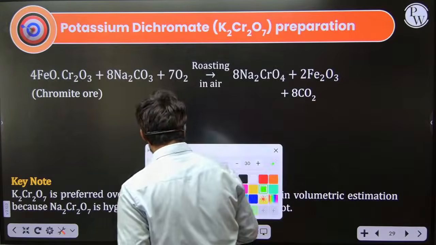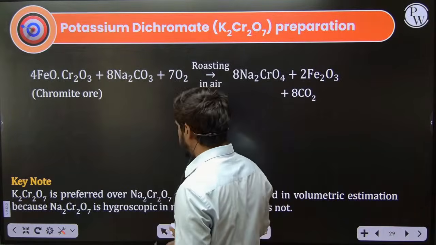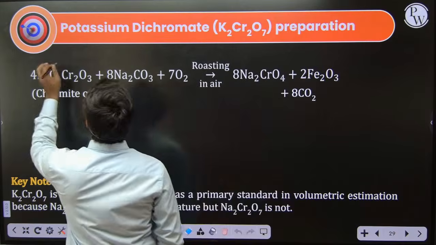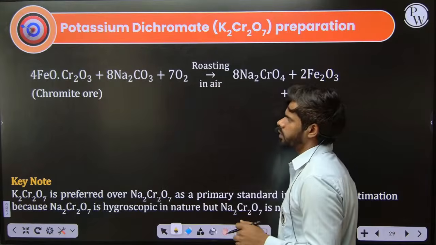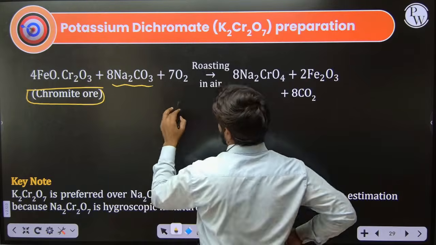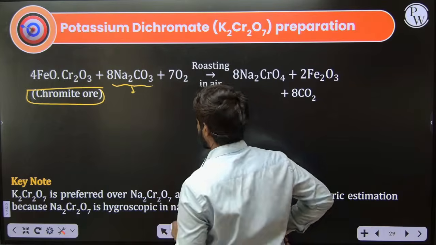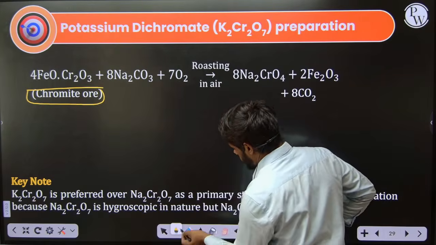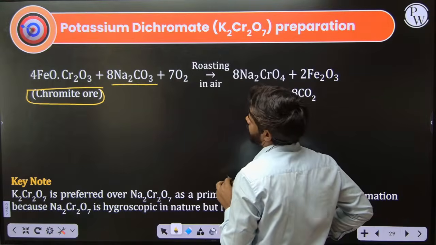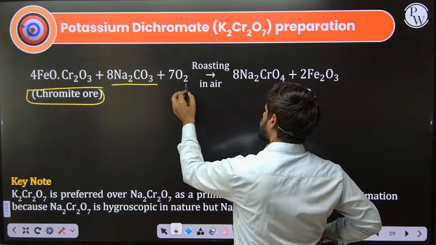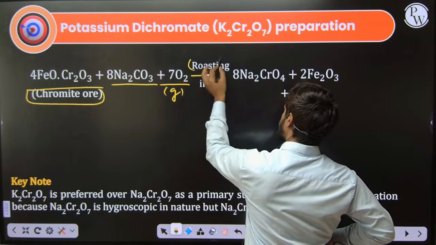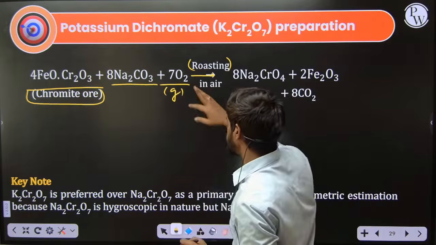Next, we can see some compounds of d-block elements which are very, very important. The important one is potassium dichromate. Potassium dichromate is made from chromite ore. The chromite ore is heated with Na2CO3 in the presence of oxygen, that is, roasting of the ore in the presence of air.